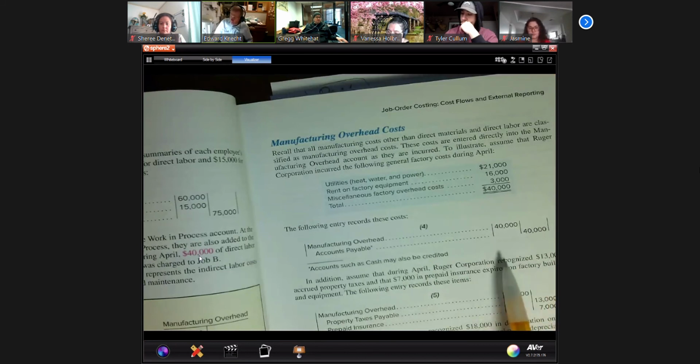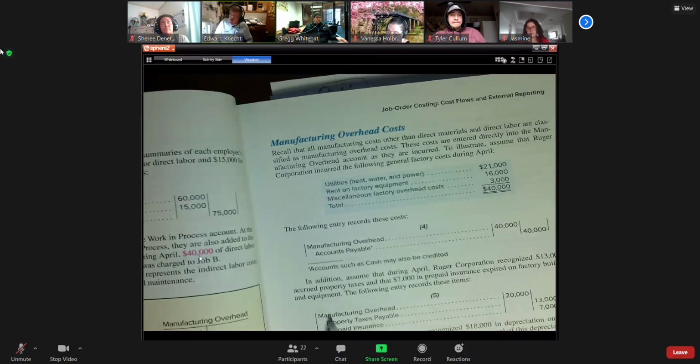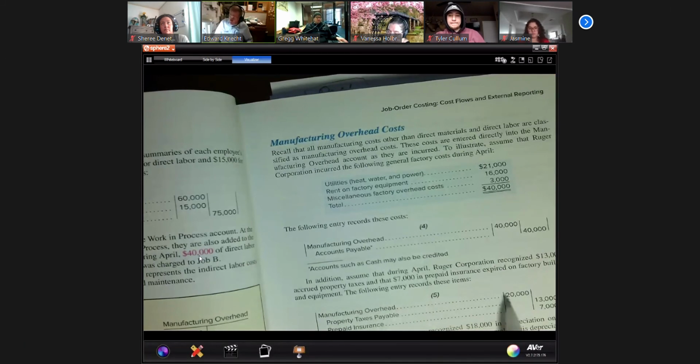And then there's 13,000 in accrued property taxes and 7,000 in prepaid insurance on the factory building. So there are some additional overhead items. 13,000 represents property tax on the factory building, and another 7,000 is insurance on the factory. They credited property taxes payable for 13,000, prepaid insurance for 7,000.